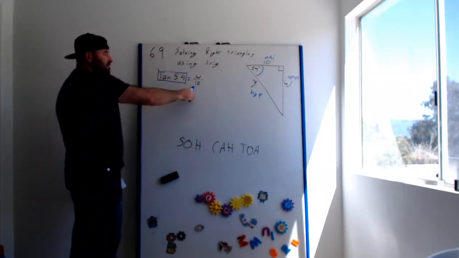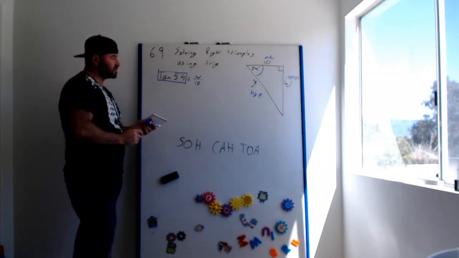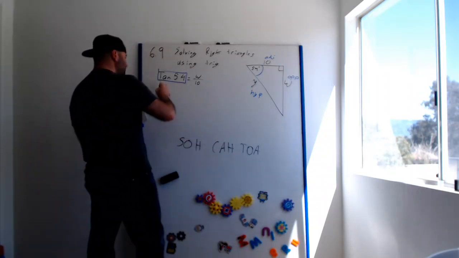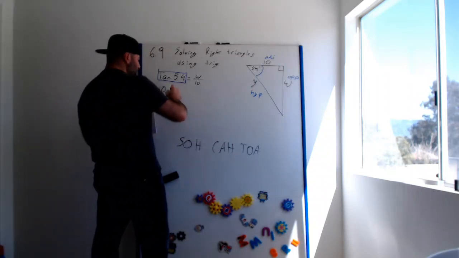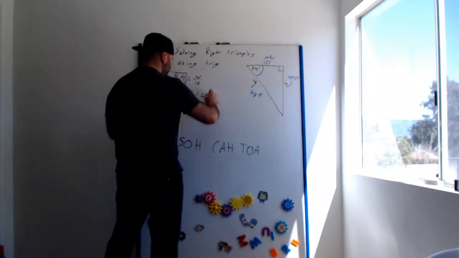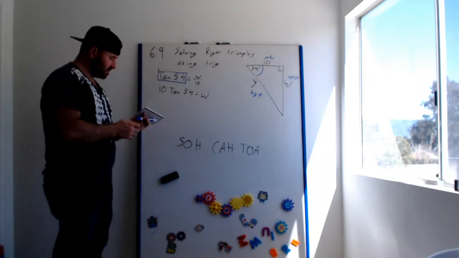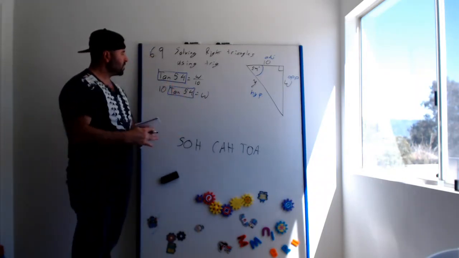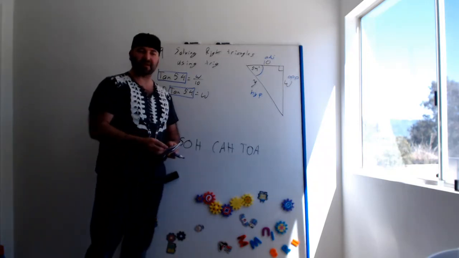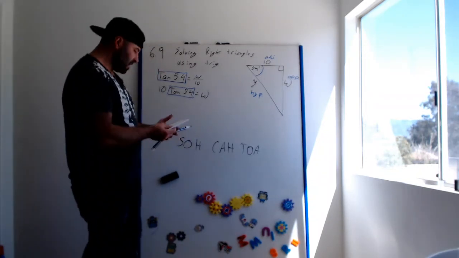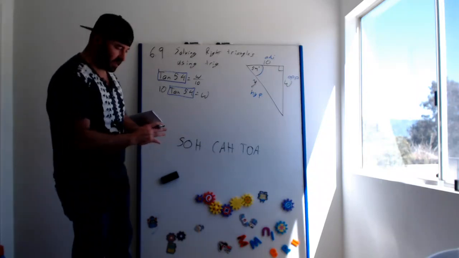So this one's a little bit easier in solving. All I have to do is multiply both sides by 10. So we get 10 times the tangent of 54. And so when you go ahead and you put this information into your calculator, I already have my stuff written down, so it's a little easier for me.